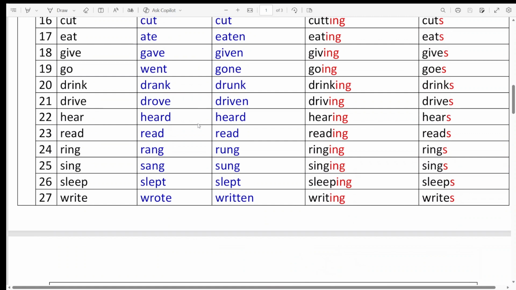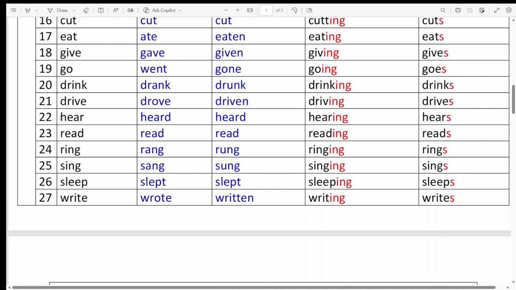So no ed, no regular. So this is irregular. H-E-A-R here, H-E-A-R-D, heard. You call it heard. Don't call it hear, which is V1. It is heard. Likewise, V3 too is heard. So this one too is an irregular verb.